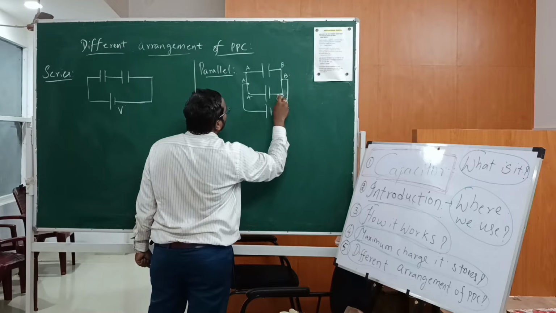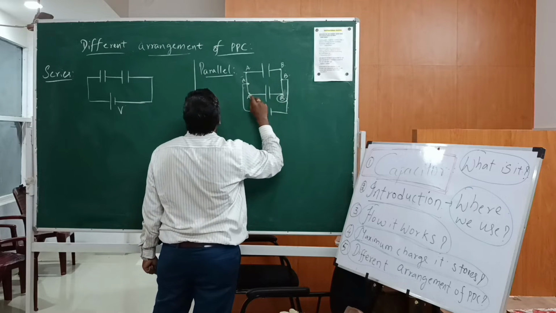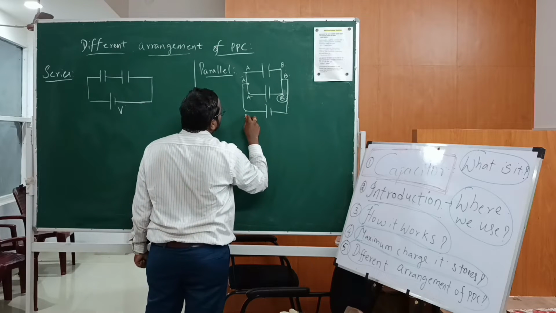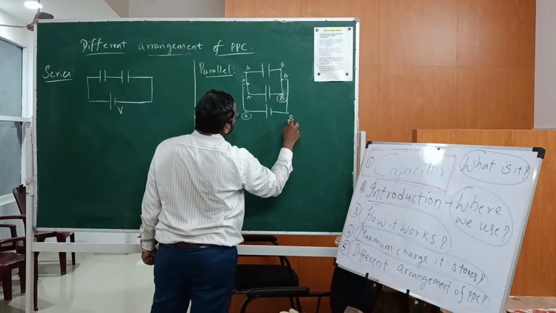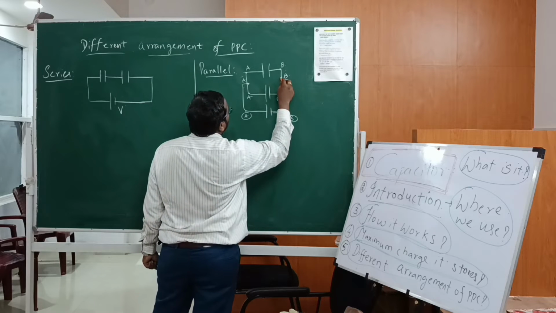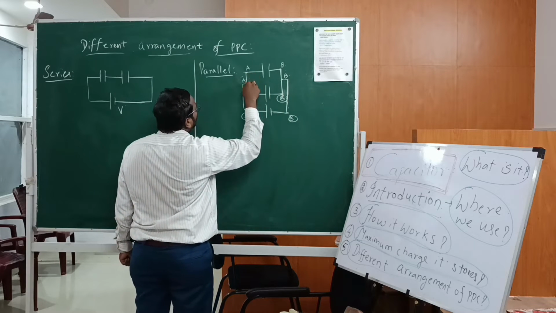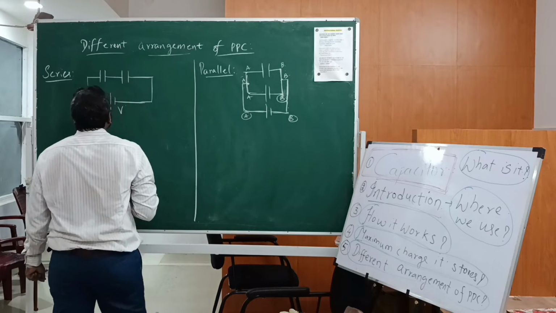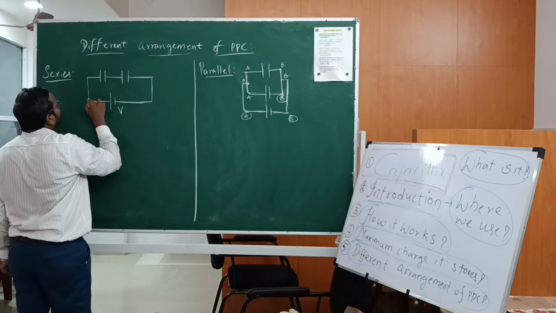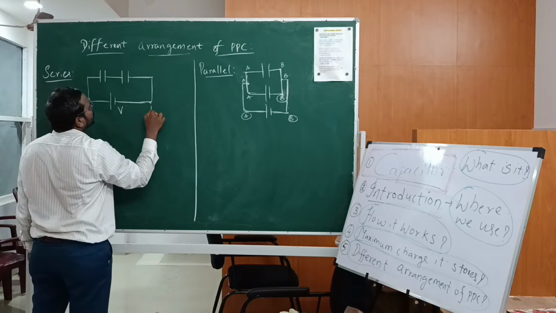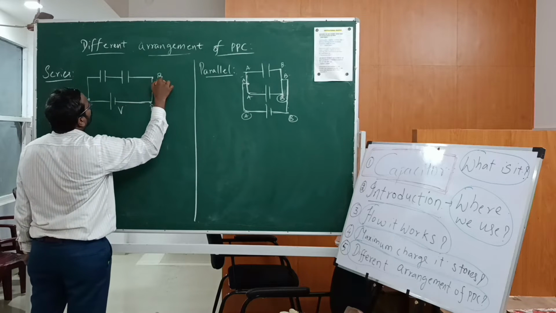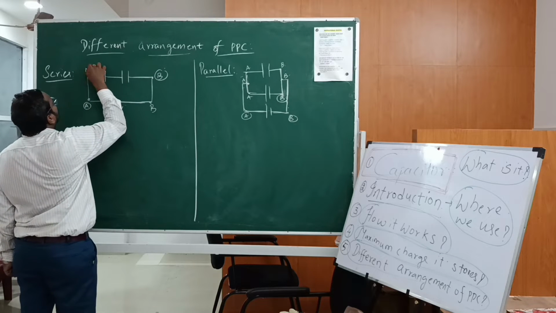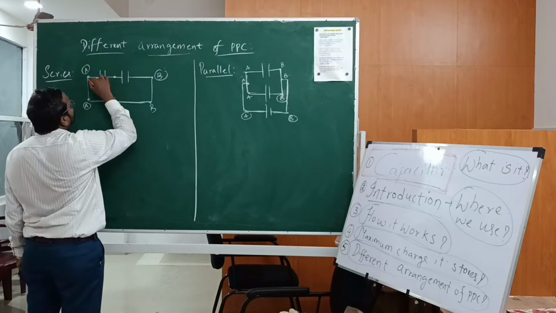Same potential drop will be there between these two parallel plate capacitors. Whenever it is A here, this is B here, wires connected together will always have the same potential throughout.